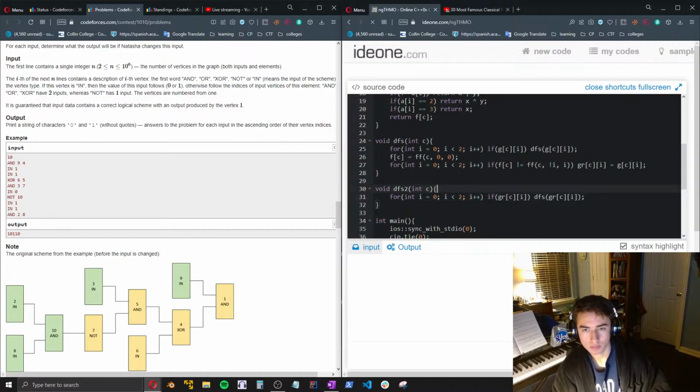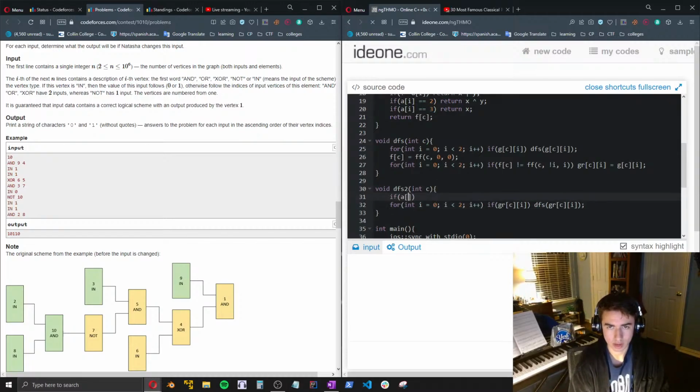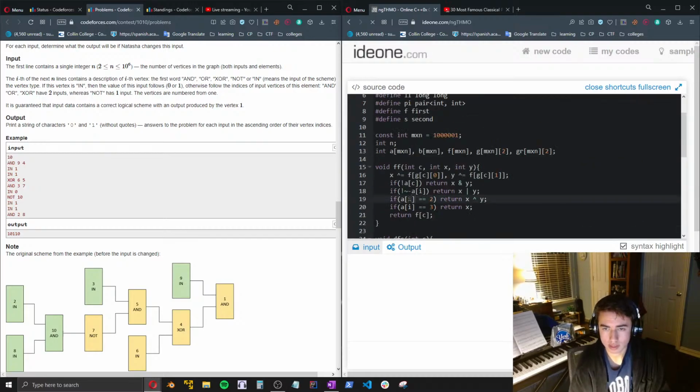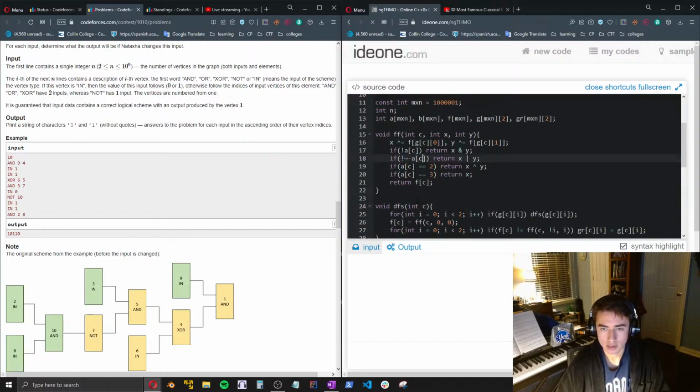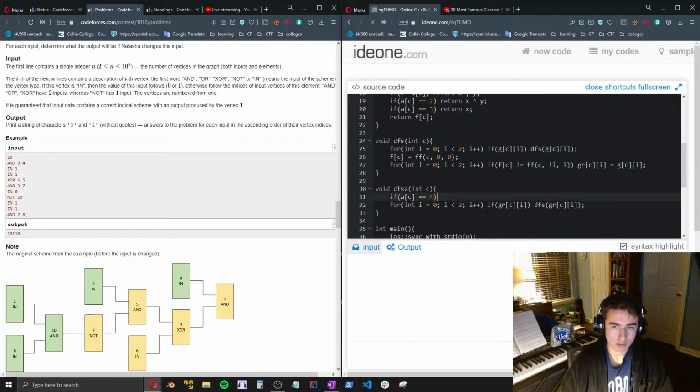Then we say if a of c is equal to 4. Why do we put this? C. If a of c equals 4, we mark all the nodes that we reach as b of c.